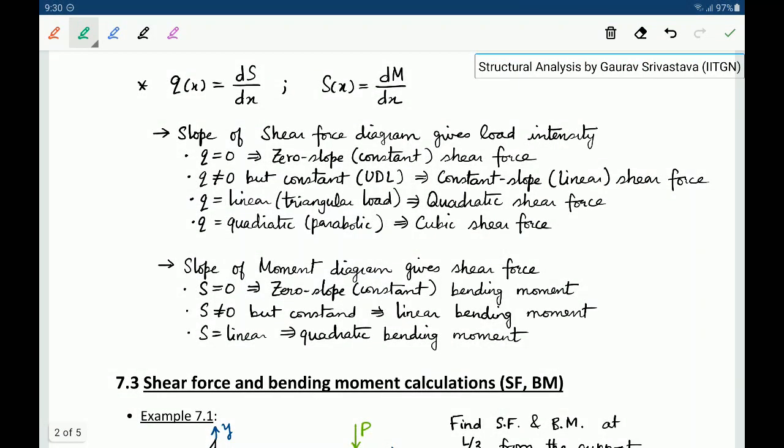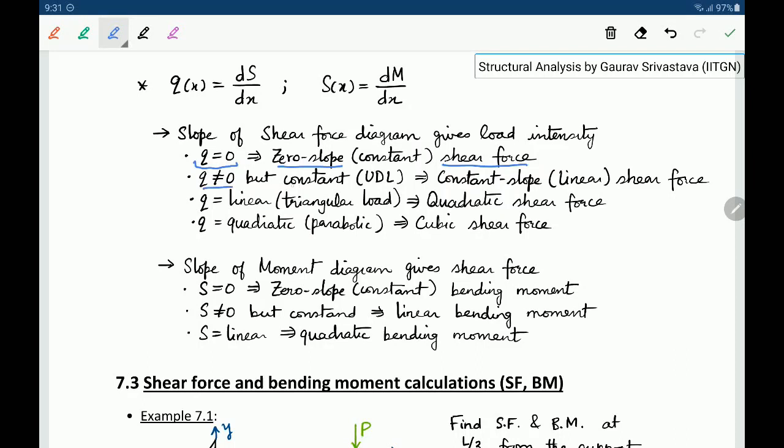Okay, so the things that we were discussing are summarized in these 2 points here. The slope of the shear force diagram gives load intensity. So what it means is, if there is no applied load intensity, the shear force will have zero slope, or that span will have a constant shear force. It may be zero or non-zero, but it will remain constant.